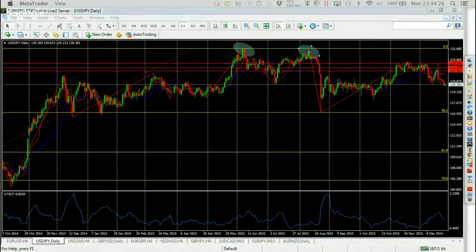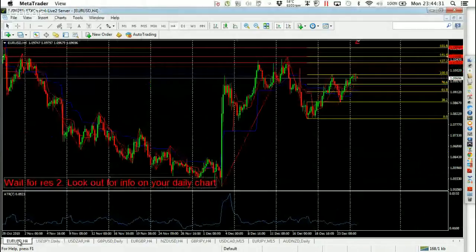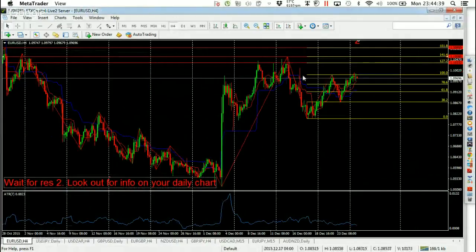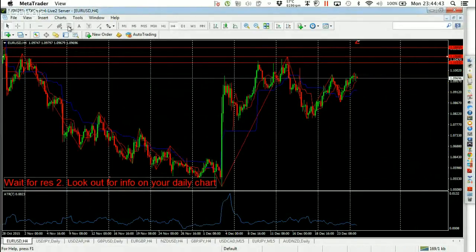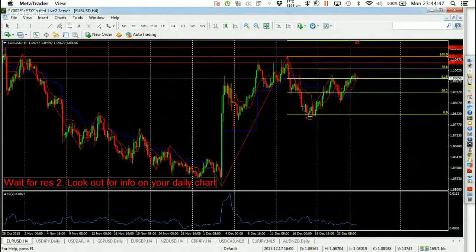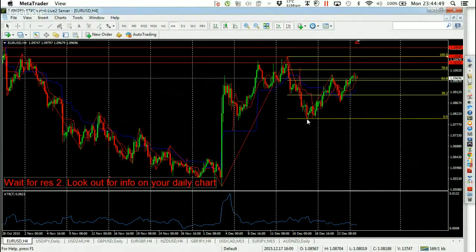Okay, USD, I'm not going to look at that now. I'm going to look at Euro USD. And what I found here in Euro USD when I was looking for a counter trend opportunity was a butterfly. A butterfly has a retracement that comes into something like a 618 or 786.